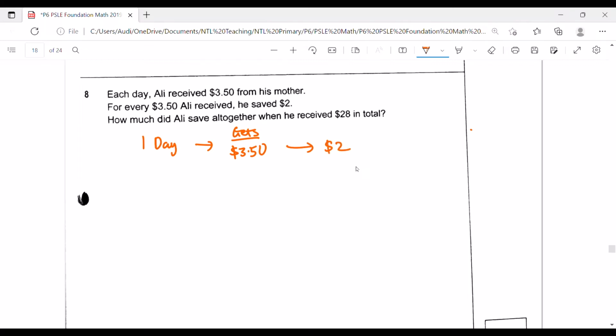So he saved $2. How much did Ali save altogether when he received $28 in total? So when he received $28, how do we get $28, right?